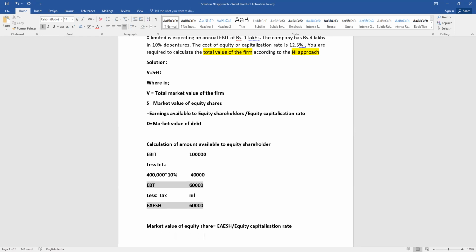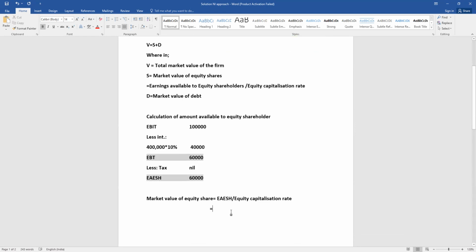So 60,000 divided by 12.5%. So what is your answer? 7,500?